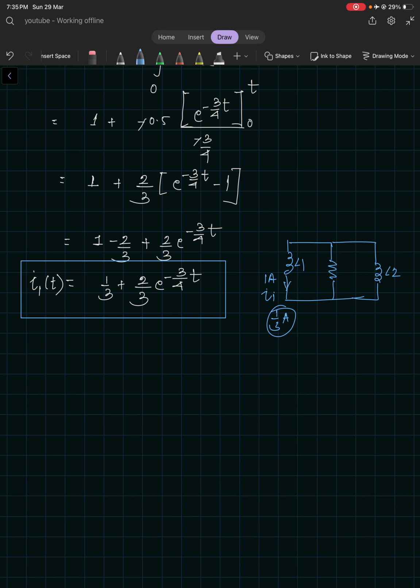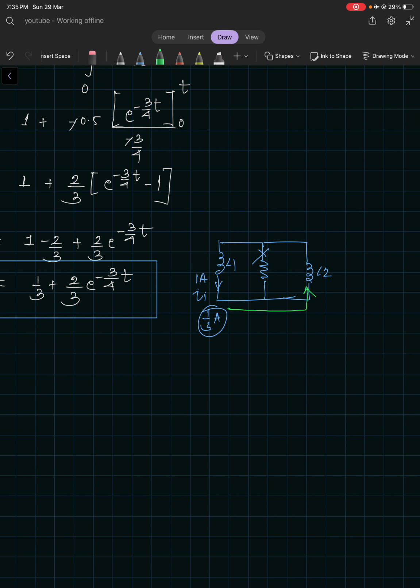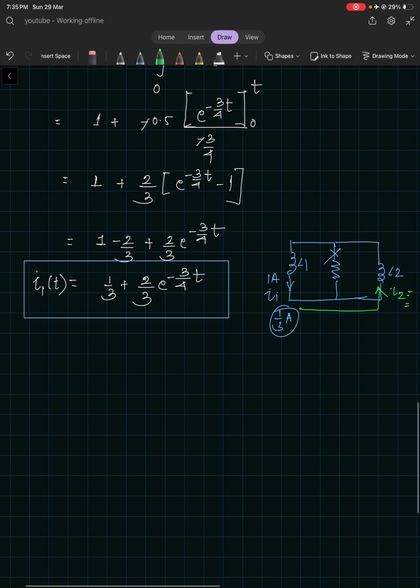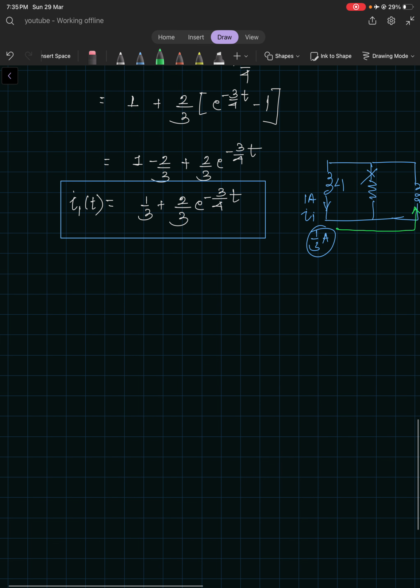No current will flow through this resistor because V2 goes to 0. So all the current will go through this one, right? For I2 also, in the steady state we will get minus 1 by 3, right? Okay, let's see what happens.